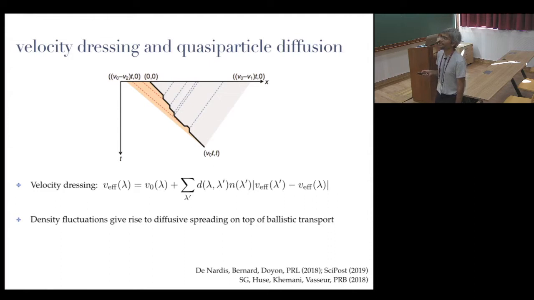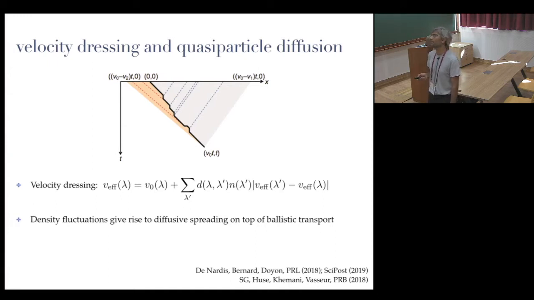It comes from the fact that when you have a quasiparticle, like the thick line here, propagating through an integrable system, it keeps getting bombarded by other quasiparticles, and whenever something else hits it, it jumps a bit, right?